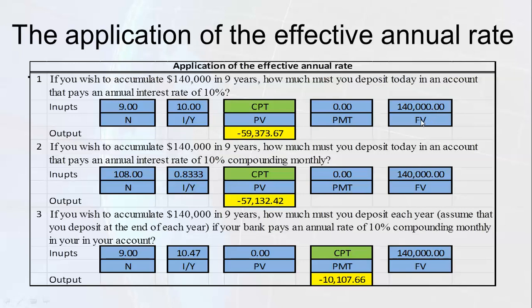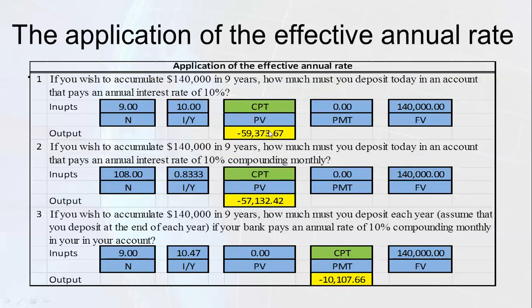So put 140,000 and press FV, which is future value, and then you want to find present value, so press compute and then PV is going to give you $59,373.67. You will see the negative sign. That does not mean this is a negative number.